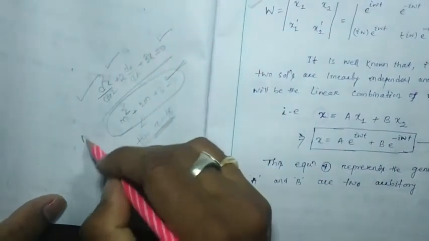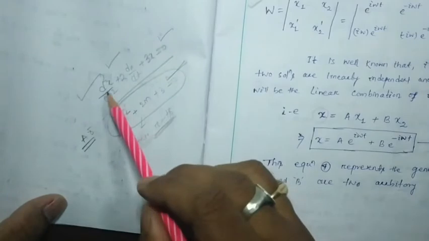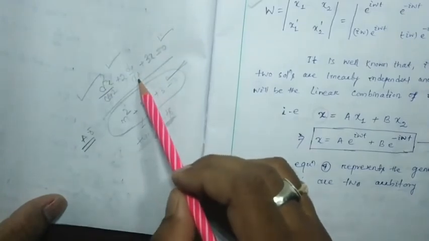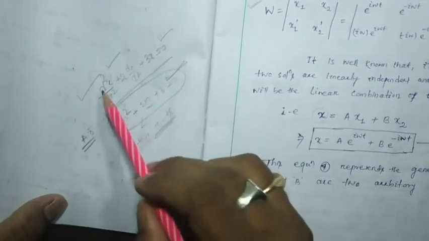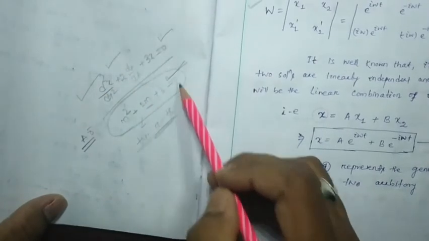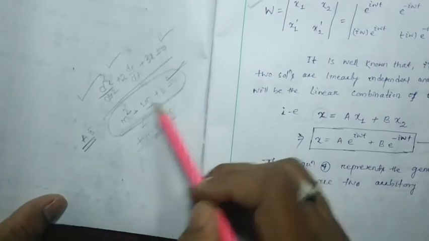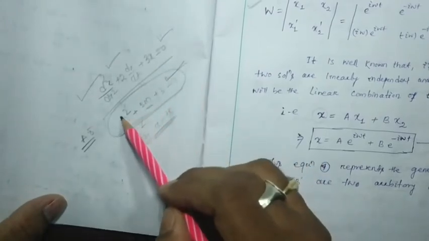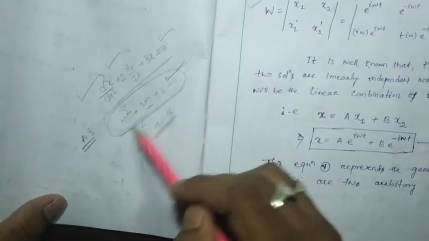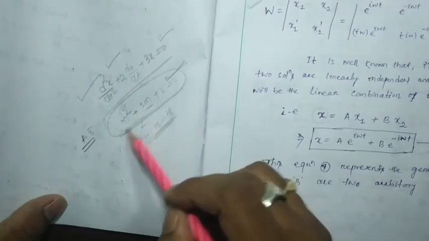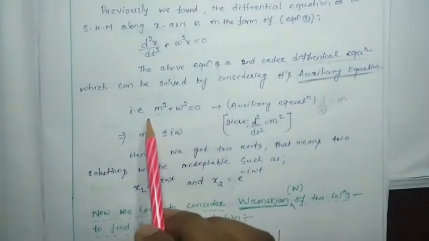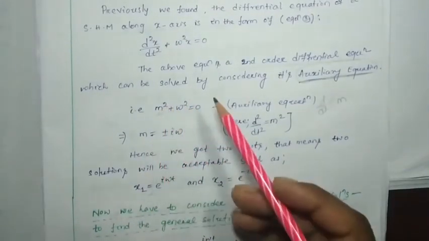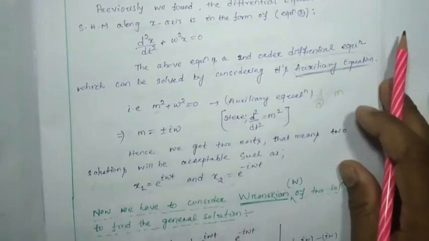Its auxiliary equation: d by dt is considered as m, so it will be 2m, and here m square plus 3 equal to 0. This will be the auxiliary equation. As this equation is second order, we can get 2 roots if we solve it. Likewise, this equation is also second order, so we can obviously get 2 roots.